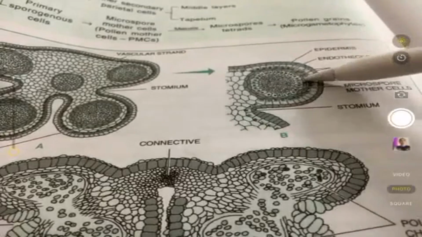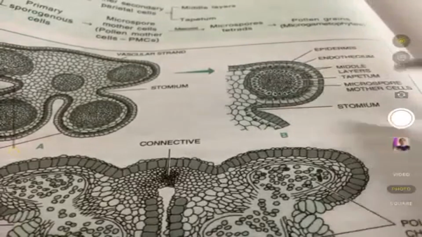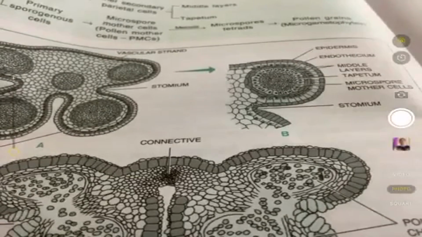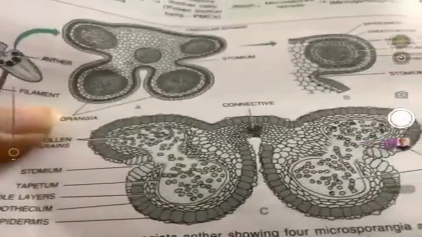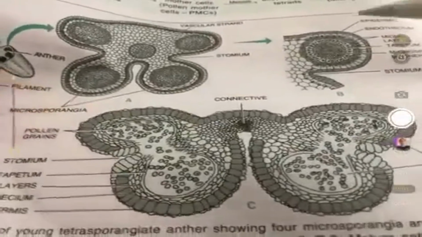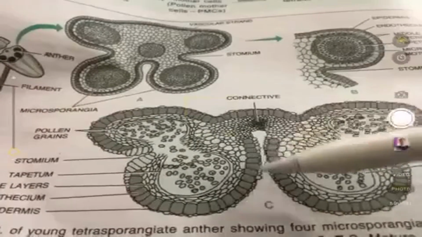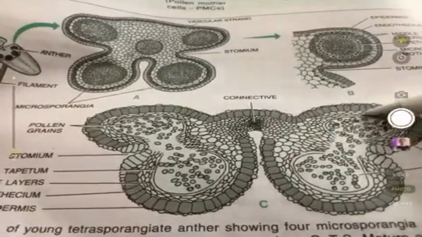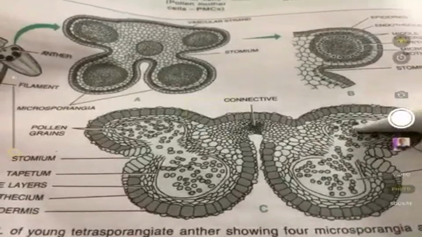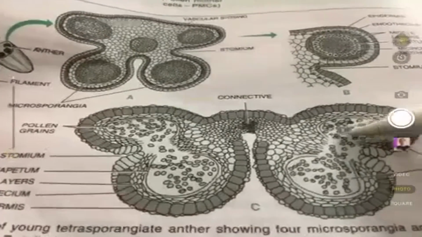So tapetum will collect the nourishment from the middle layer. So this is all about this topic, and when the anthers are mature, this whole structure will be formed, all the layers will disintegrate, and only the MMC, microspore mother cell, will convert into pollen grains.